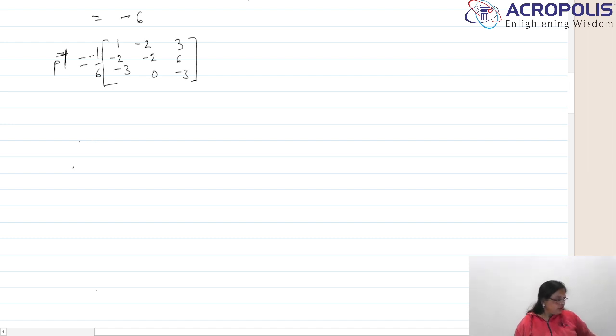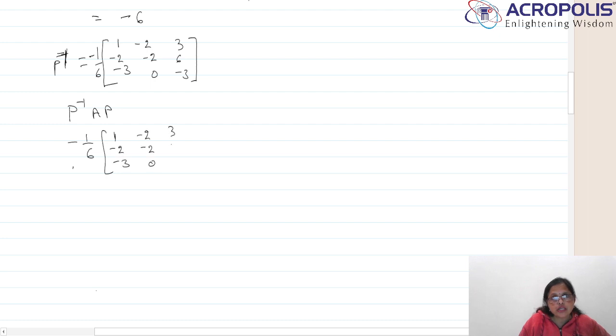Now we find the diagonalization. So diagonalization is equal to P inverse A P. Now we see that P inverse is 1 by 6 times 1, minus 2, minus 3, minus 2, minus 2, 0, 3, 6, minus 3. And what is A?